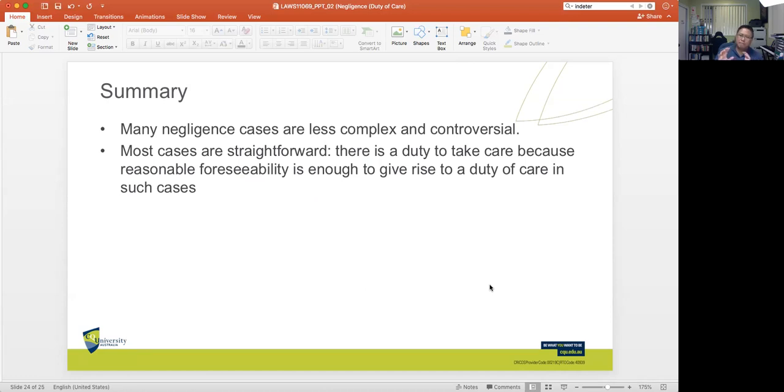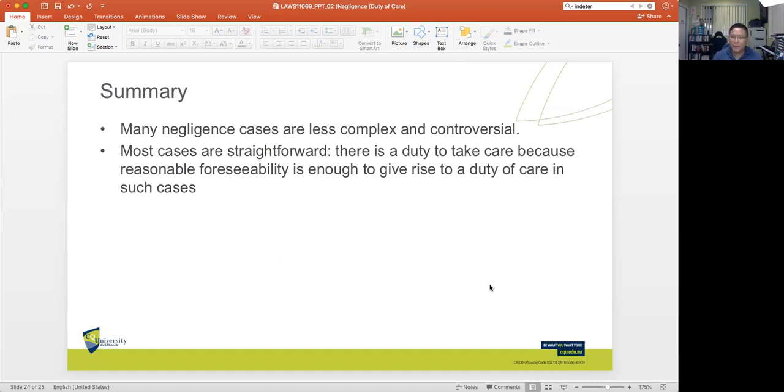Although that might appear to be the case, that's not really true, because in most negligence cases, they're actually less complex and controversial, because it's easy to show whether or not there is in fact a duty of care, given the established classes or cases of duty of care that are recognized under tort law.